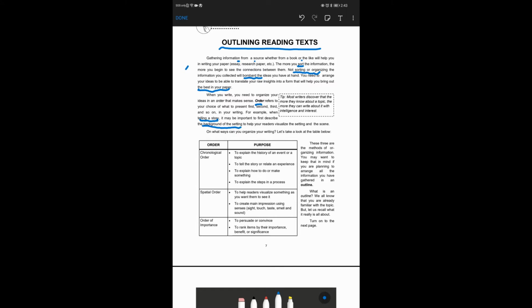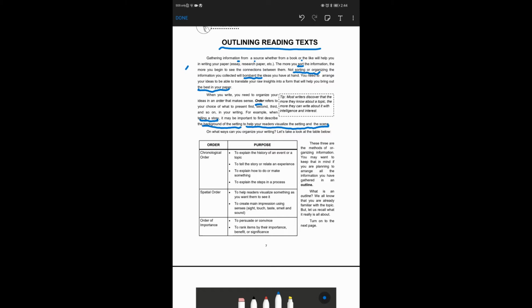That's why when we tackled elements of the story before, we learned that in the plot, in the exposition, the setting is already revealed at first, because it's important to help your readers visualize the setting and the scene. So in organizing your information, you have to follow an order, and this order again refers to your choice of what to present first, second, and third.